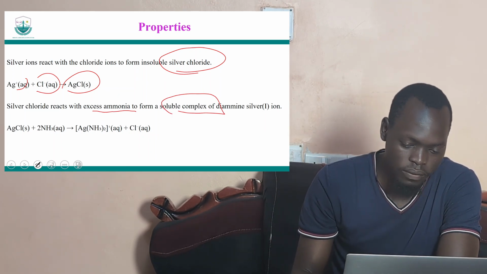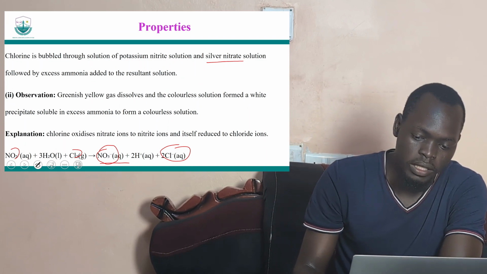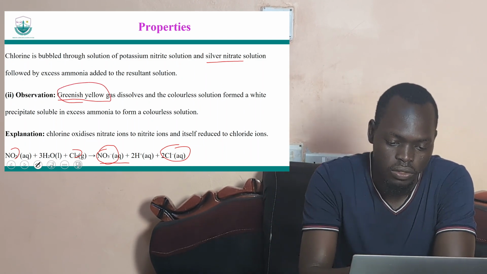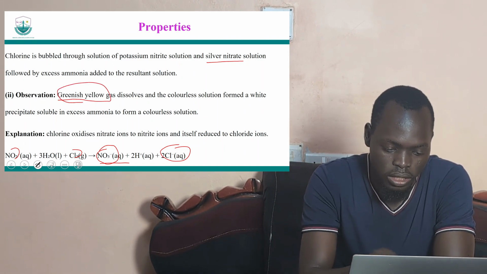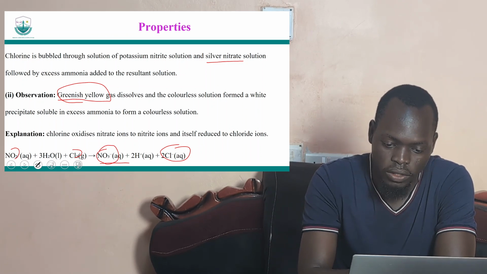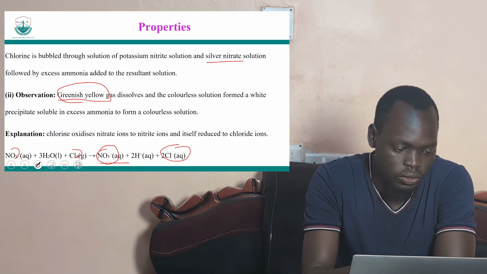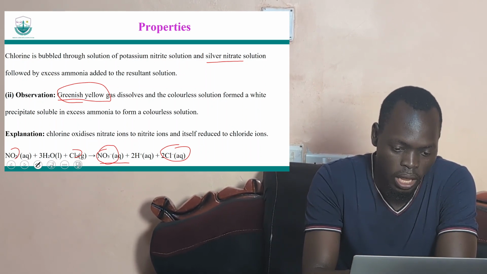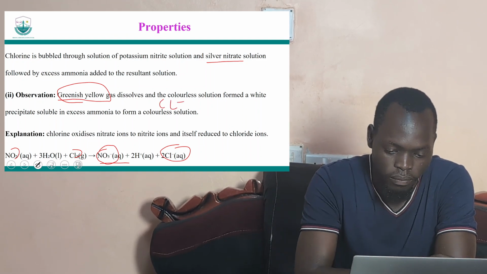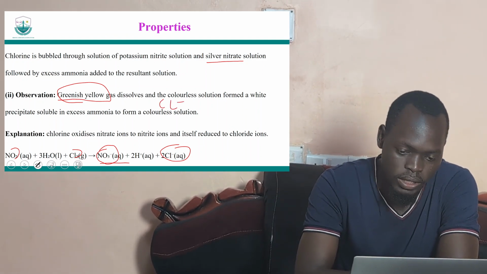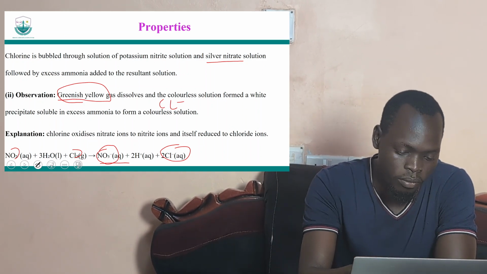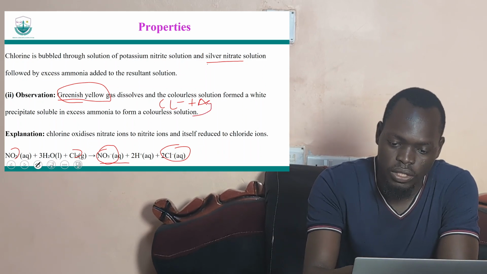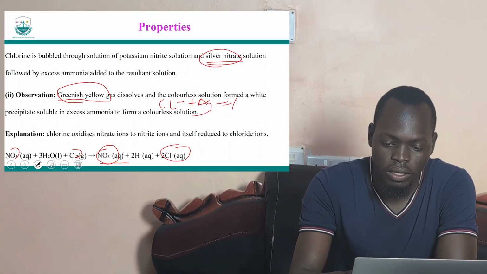Now, that gives an explanation as to why this observation was seen: the greenish yellow gas, which is chlorine, dissolved in the solution. That resulted in the formation of nitrate ions because of the oxidation reaction. This reaction still continued where the chloride ions that have been formed through the reduction of chlorine react with the silver ions, which are from the silver nitrate, forming our silver chloride.